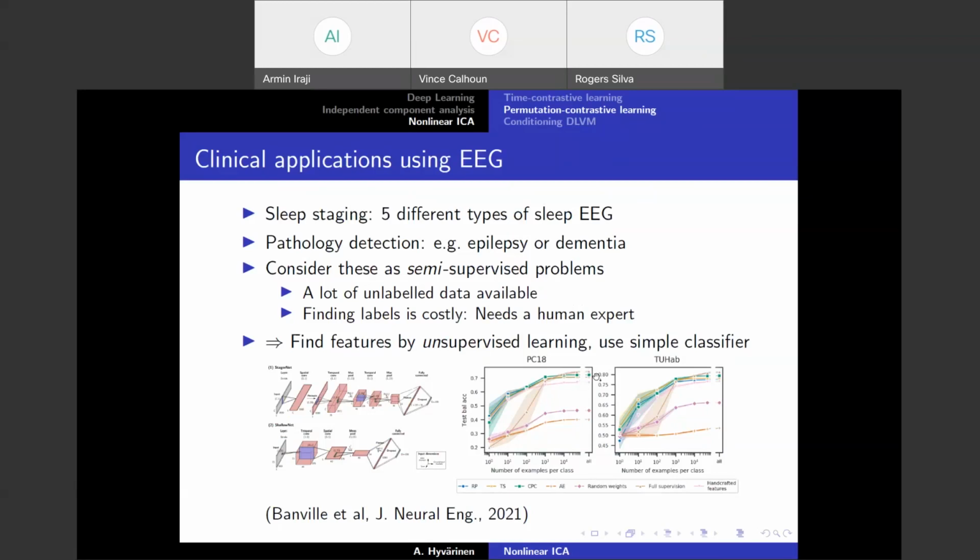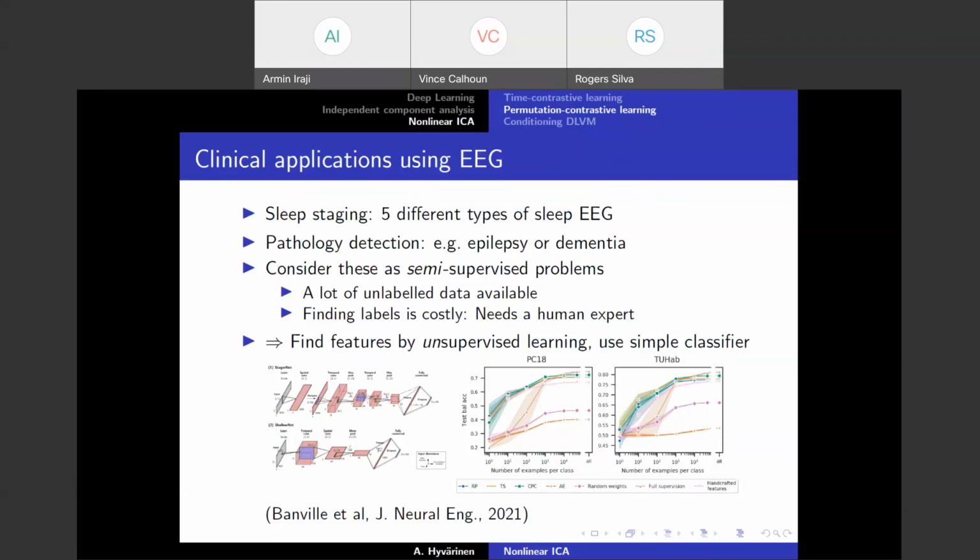But the semi-supervised learning based on self-supervised learning is the curves under this green part, where you start even with a very small number of examples per class, even just 1 or 10 examples per class, and you already get a reasonable classification accuracy clearly above chance level, because you have very good features learned from unlabeled data.